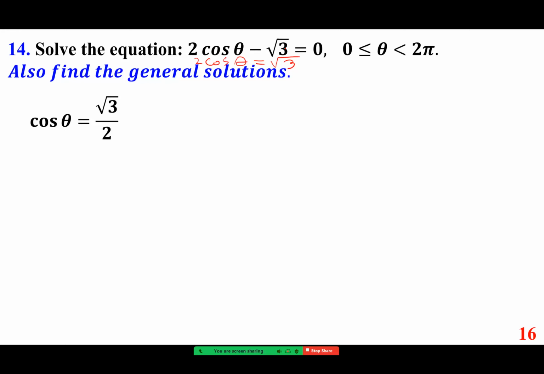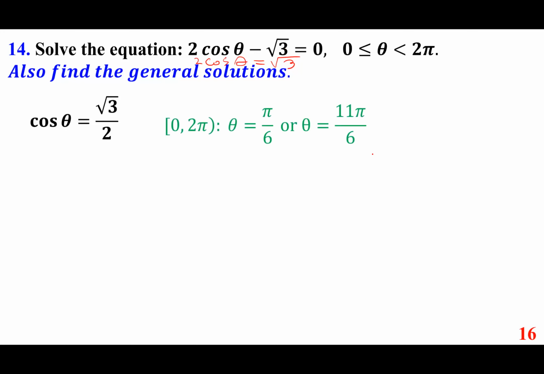Between 0 and 2 pi, cosine is square root of 3 over 2 when it's pi over 6. That's the common arc, and that's a reference arc. And cosine is positive in the first quadrant, pi over 6, and in the fourth quadrant, 2 pi minus pi over 6, because this is the reference arc.